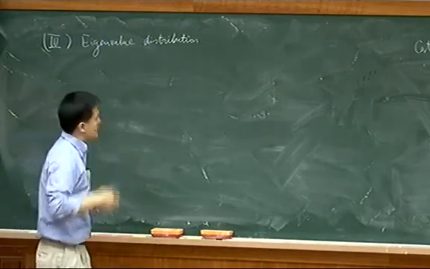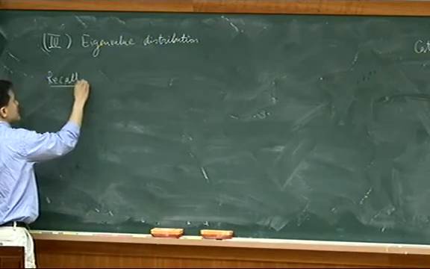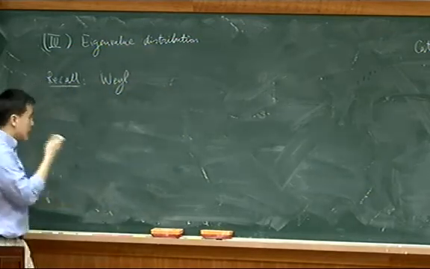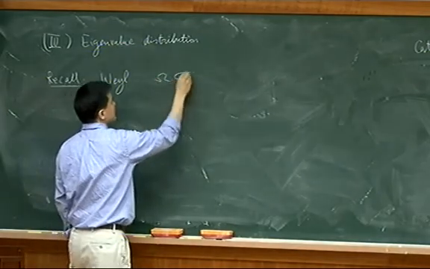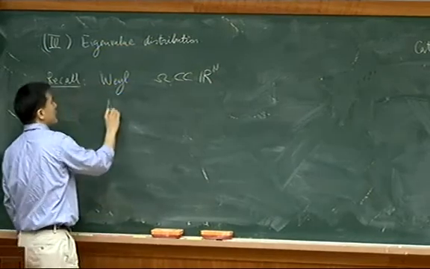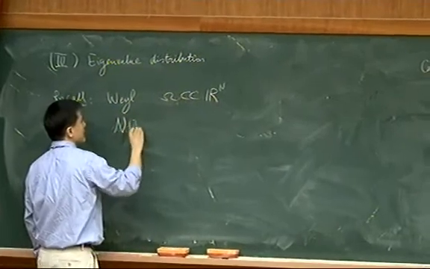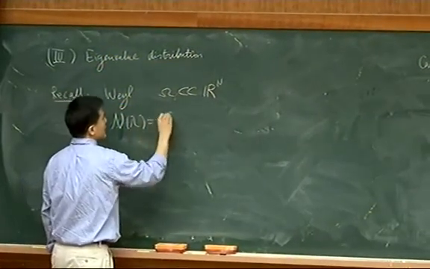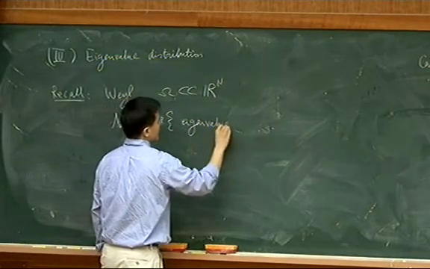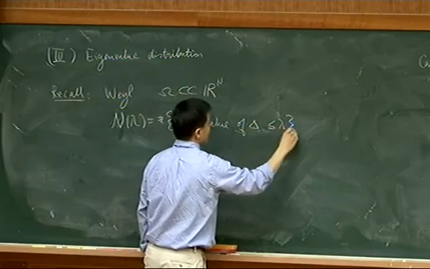Now again, let me recall the classical Weyl asymptotic formula. Now suppose omega is a bounded domain in R^n. Let me write script N of lambda as the number of eigenvalues of the Dirichlet Laplacian that are less than or equal to lambda.